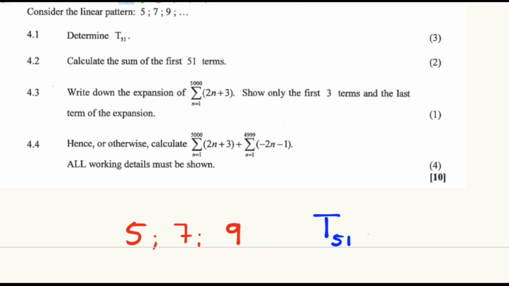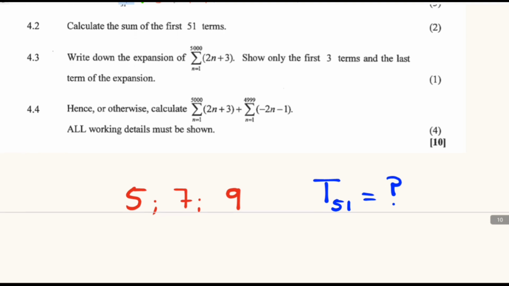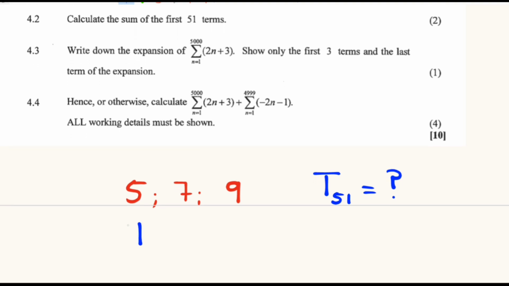So term number 51 is the unknown, and for an arithmetic pattern or a linear pattern, we have Tn is equal to a plus n minus 1 multiplied by the common difference d.